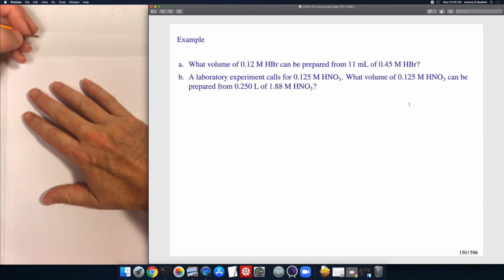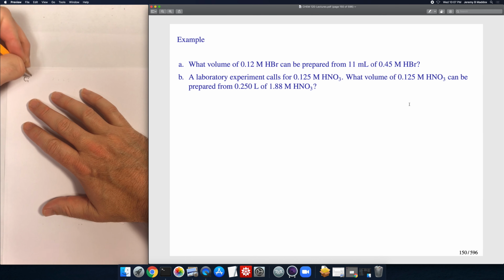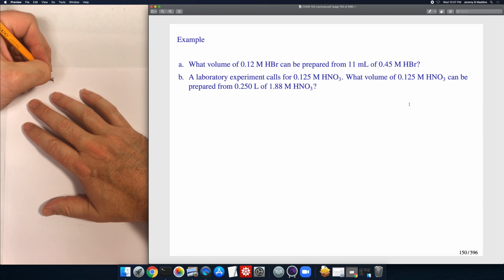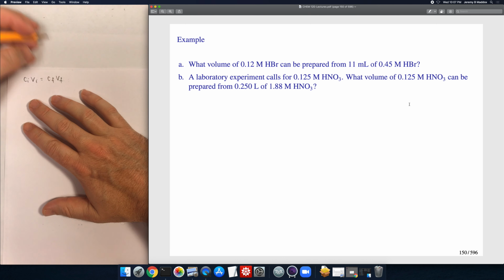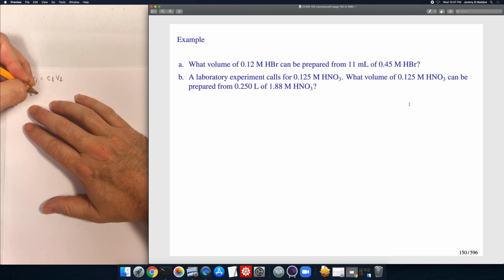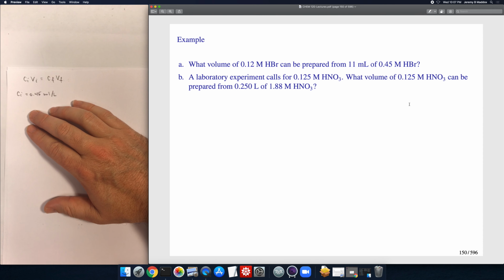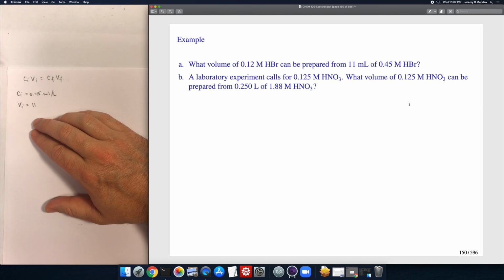So let's write out the dilution equation and try to figure out what this problem wants us to do. Okay, so we'll just set up what do we have and what do we need. So the initial concentration is that 0.45 moles per liter. The initial volume is the 11 milliliters.